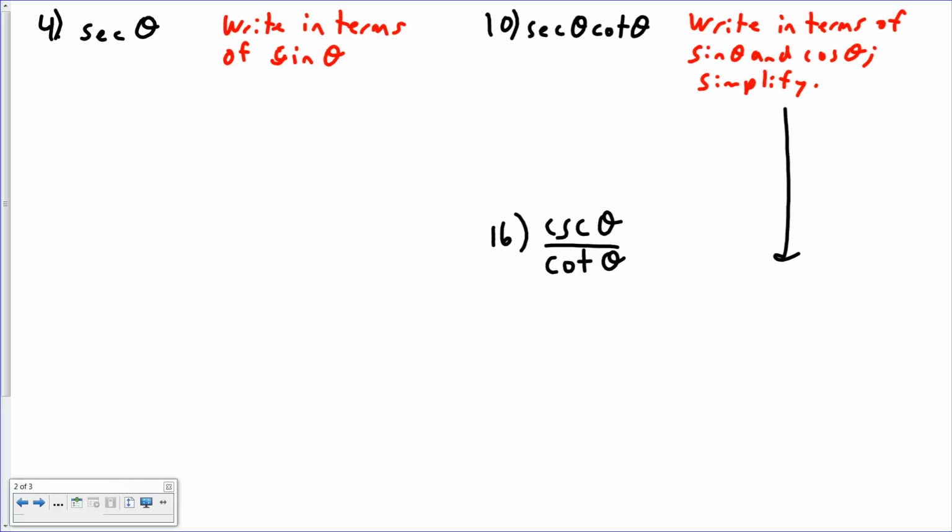So let's go ahead and look at solving these problems out of the back of your book in section 1.5. It says write the secant theta in terms of sine theta only. You have to look at the directions to know your direction in solving this.